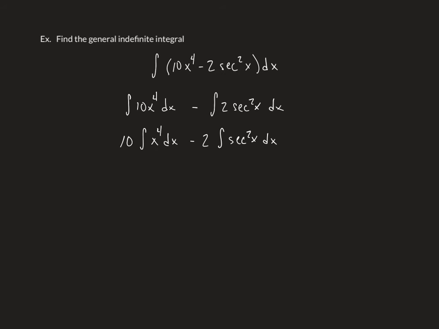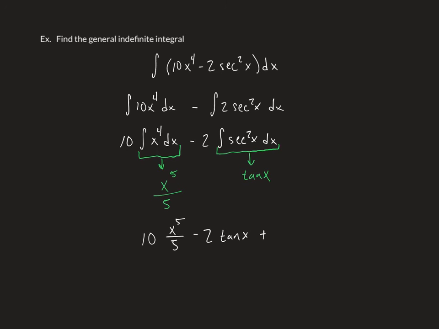So this case here is going to be the power rule, right? I'm reversing that power rule, so it's going to be x to the n plus 1, but I also have to divide by that same n plus 1 to get it to cancel. All right, and then here, it's my job to recognize which function has a derivative that is secant squared, and that's tangent. So my next stage is 10 times x to the 5th over 5 minus 2 times tangent of x.